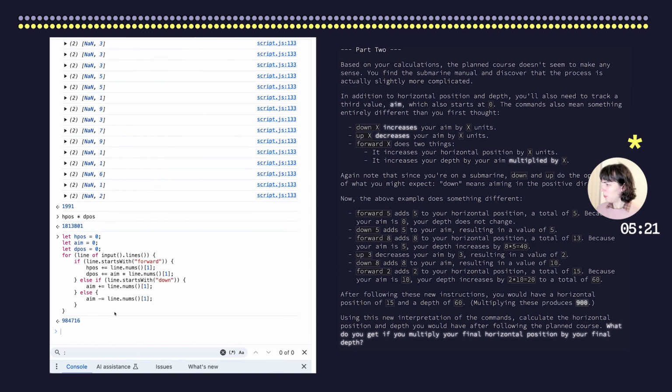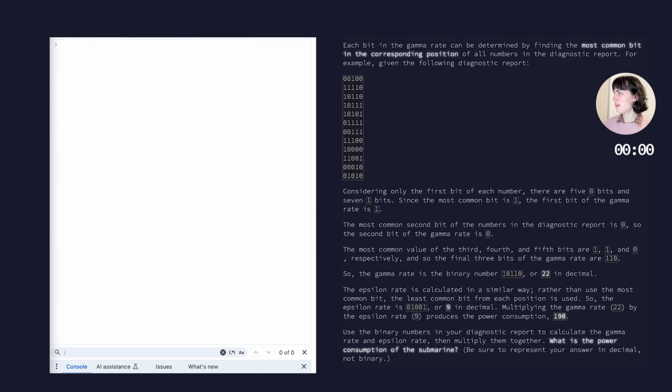Let's look at the next one, 2021, Day 3. Power consumption, the subroutine. Most common bit in the position.